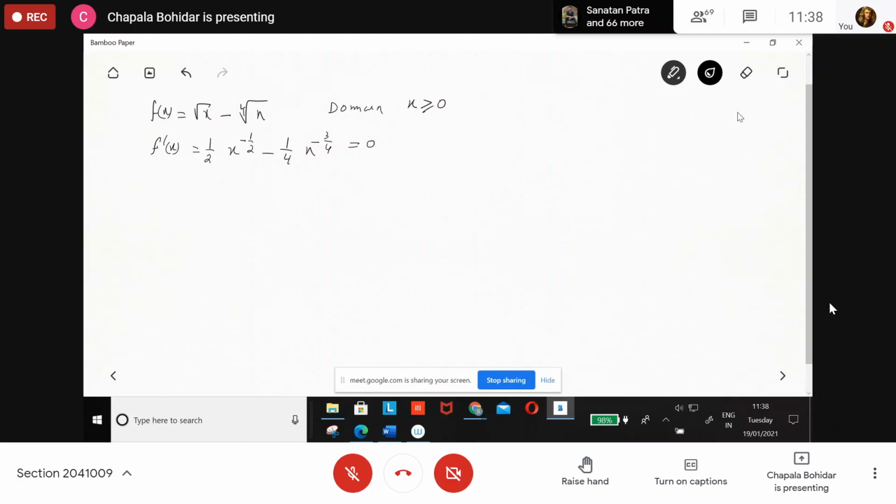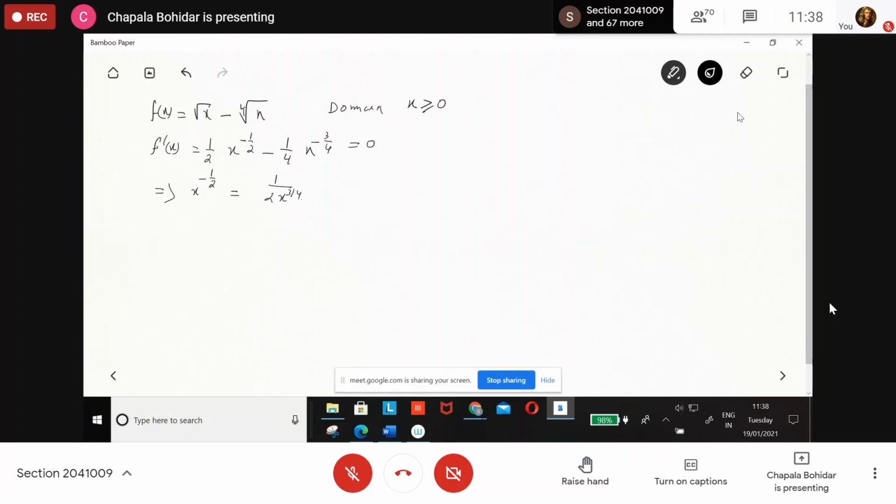Equal to 0 implies, taking x to the power minus half outside, x to the power minus half is equal to 1 by 2 x to the power 3 by 4.